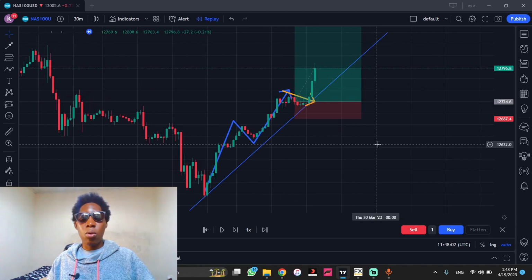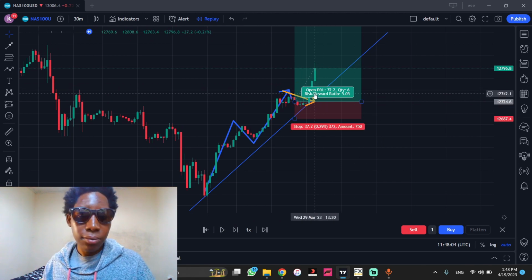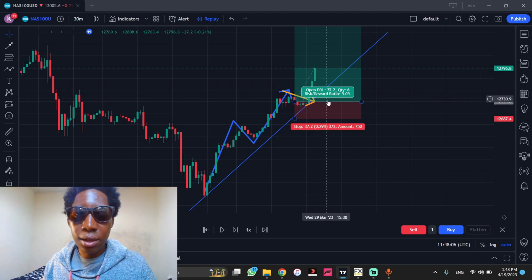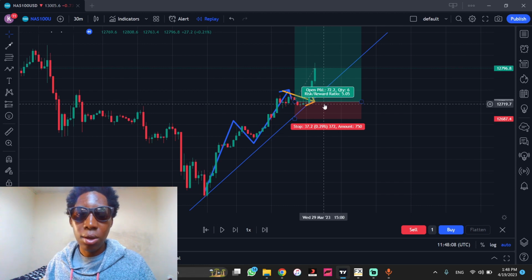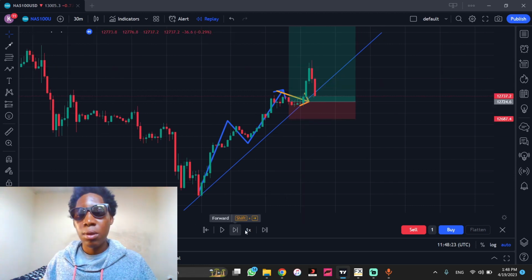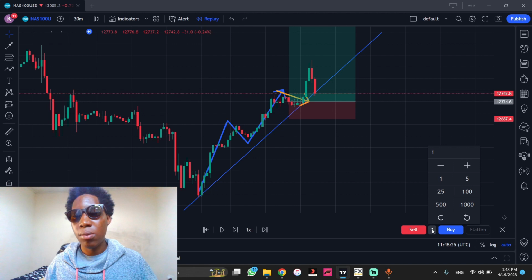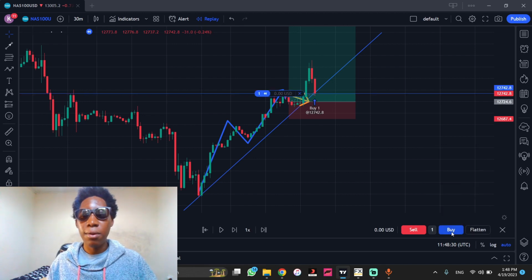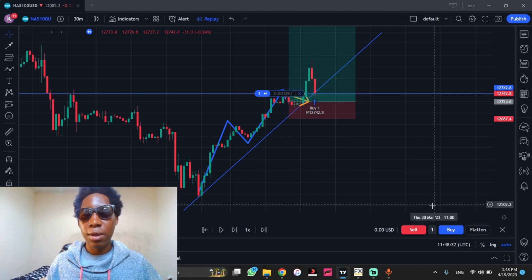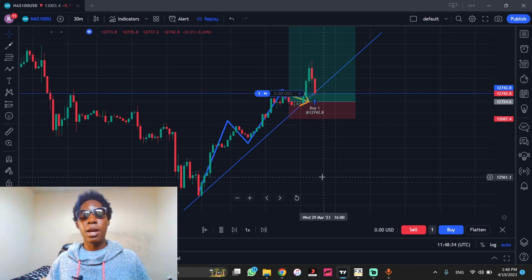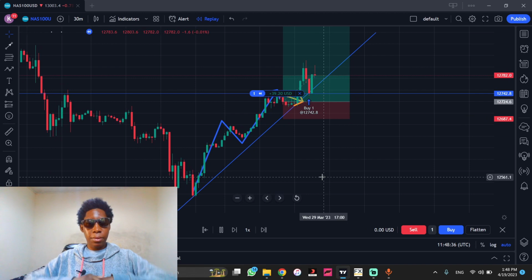Finally price did break out, and here you would have entered. Let us say it's a lot size of 1 or 0.1 or whichever. So let us say you bought over here. Let me click play and watch what will happen.